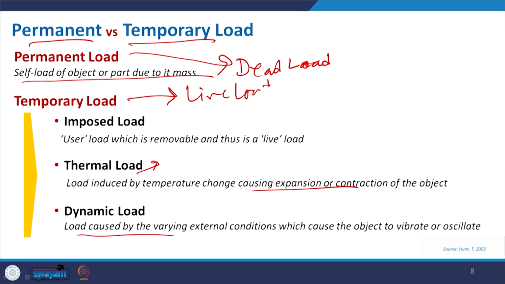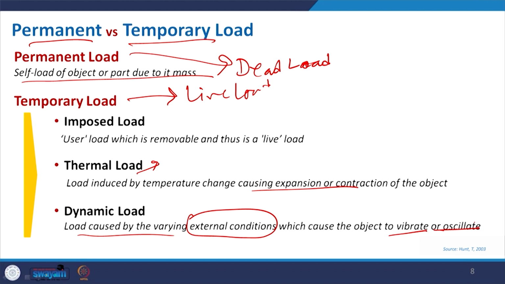Dynamic load is caused by varying external conditions. It may be due to rain, flood, snow, wind, or maybe the earthquake. All this oscillation and vibration that creates load comes under dynamic load.